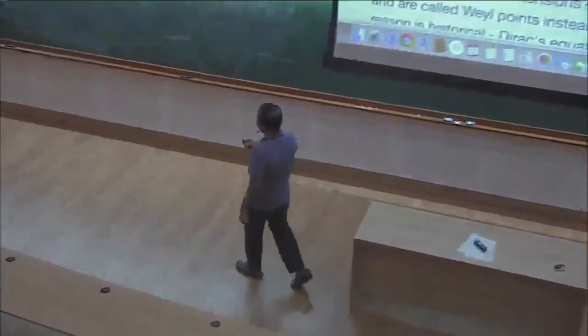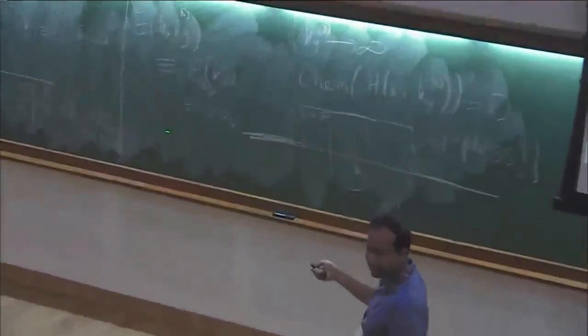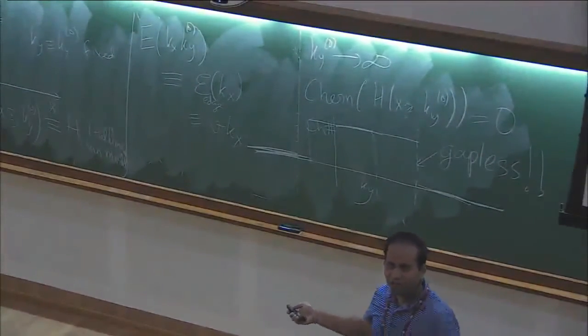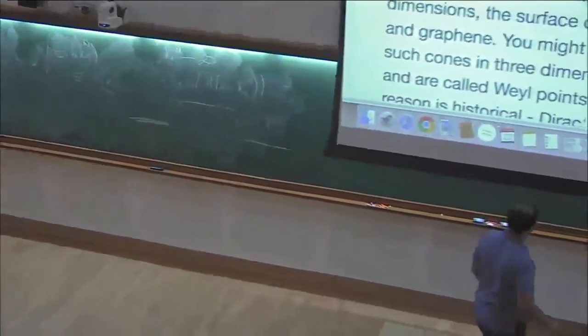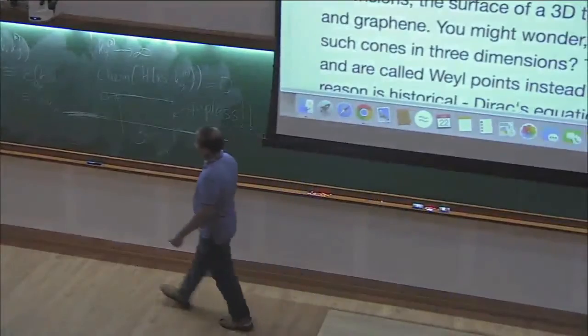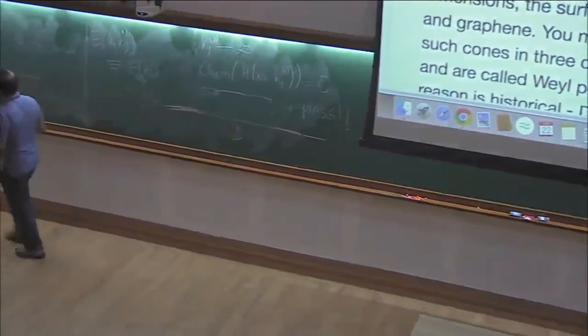Okay. So the next story is, now what about the surface states? I said they're these chiral edge states. That's what they roughly are. But now that we know the KY structure, we can ask, what do they look like on the surface?